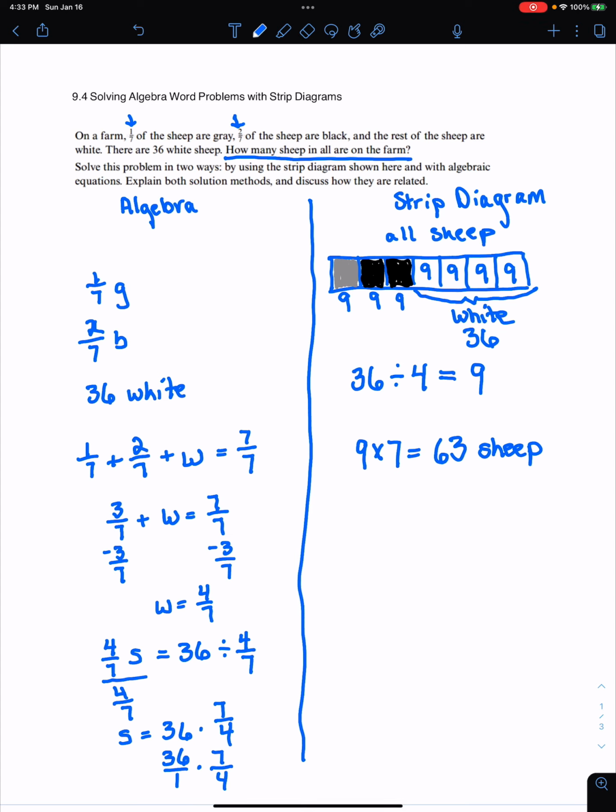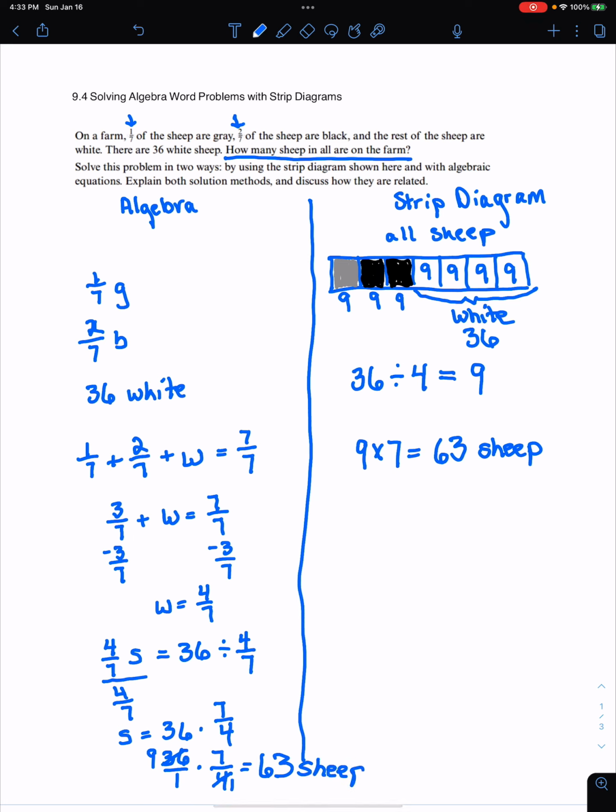I'm going to simplify before I multiply. 4 goes into 36 9 times. So 9 times 7 is 63, and I ended up with the same answer, 63 sheep.